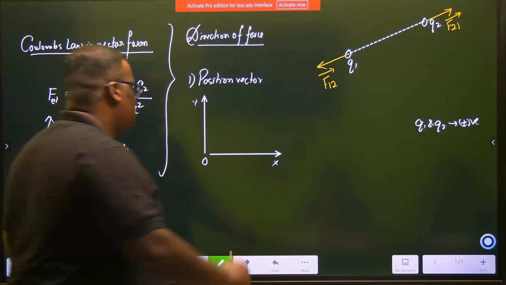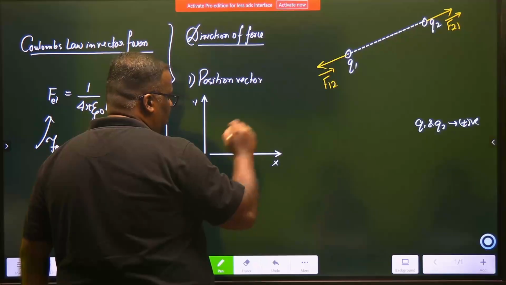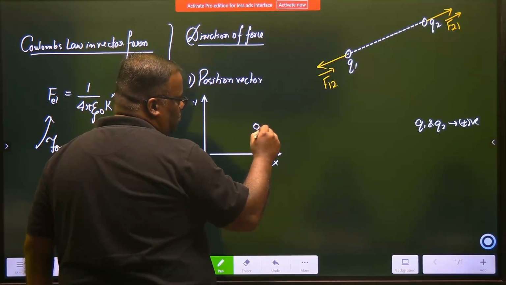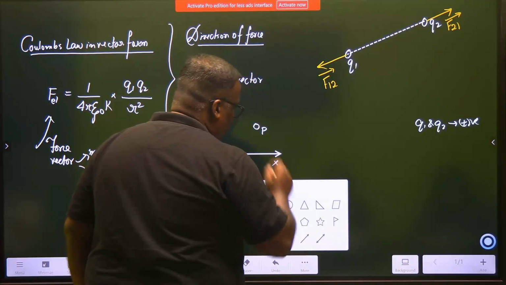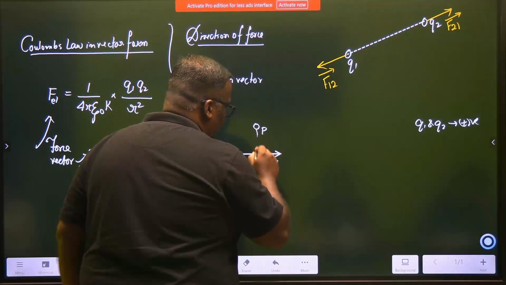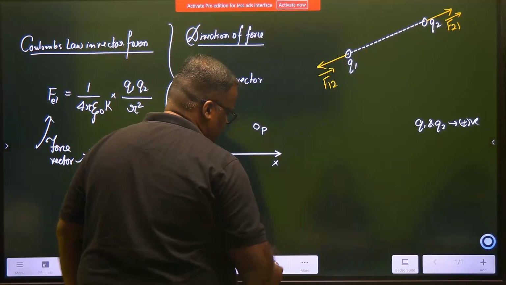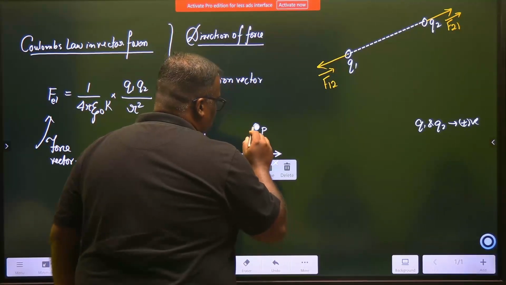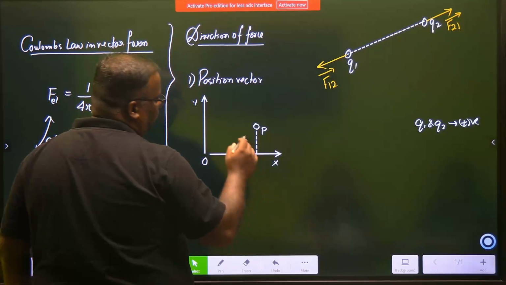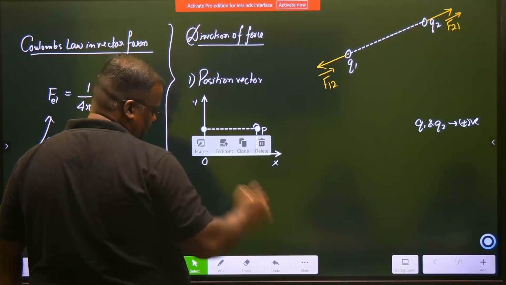So I have a point here which is a point P. Do you agree? And if I try to map P down here, this is the x coordinate of P, so that your vector basics are absolutely clear. All right.